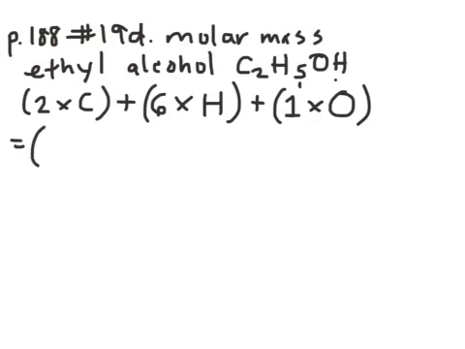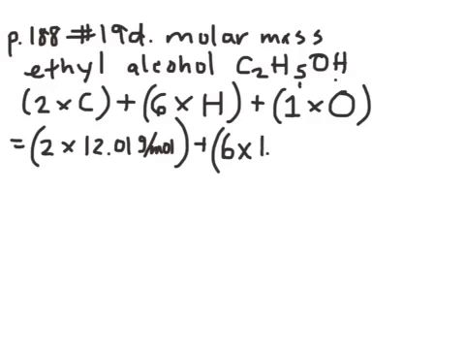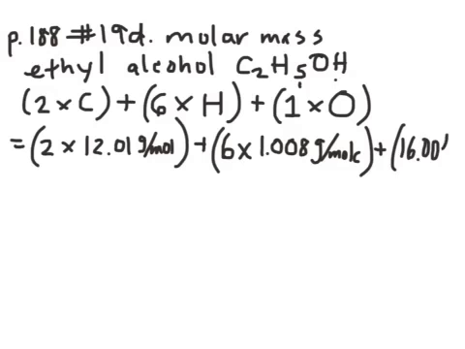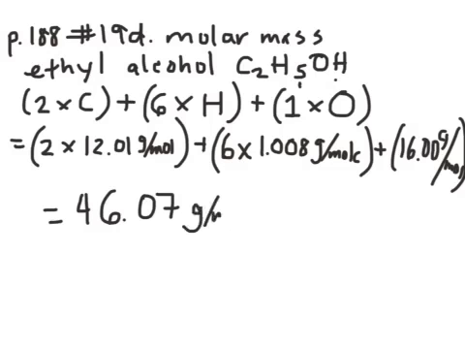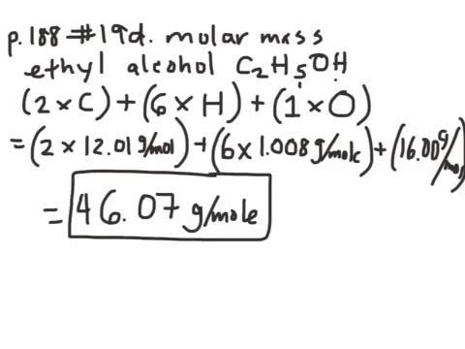So that, then we look those up on the periodic table. And that comes out to be, when we add it all up, 46.07 grams per mole. So ethyl alcohol has the molar mass of 46.07 grams per mole.